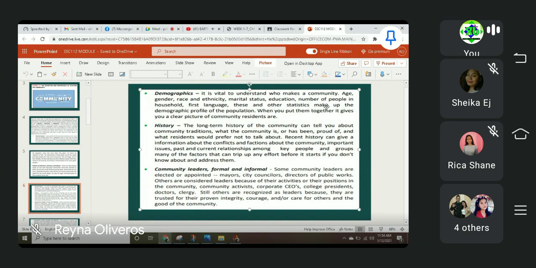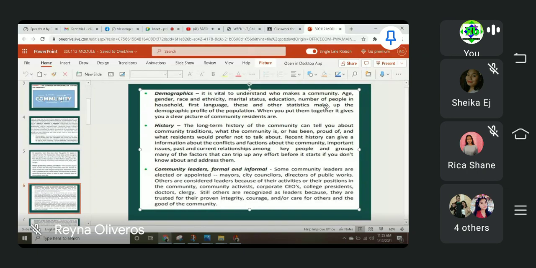'Di ba? So, kailangan pala, based from the aspect of history ng isang community, kailangan alamin mo rin yung mga traditions nila, 'di ba? Yung anong klase ng community meron sila, 'di ba? Ano yung mga madalas na pinag-uusapan ng mga nakatira doon sa community na yon.